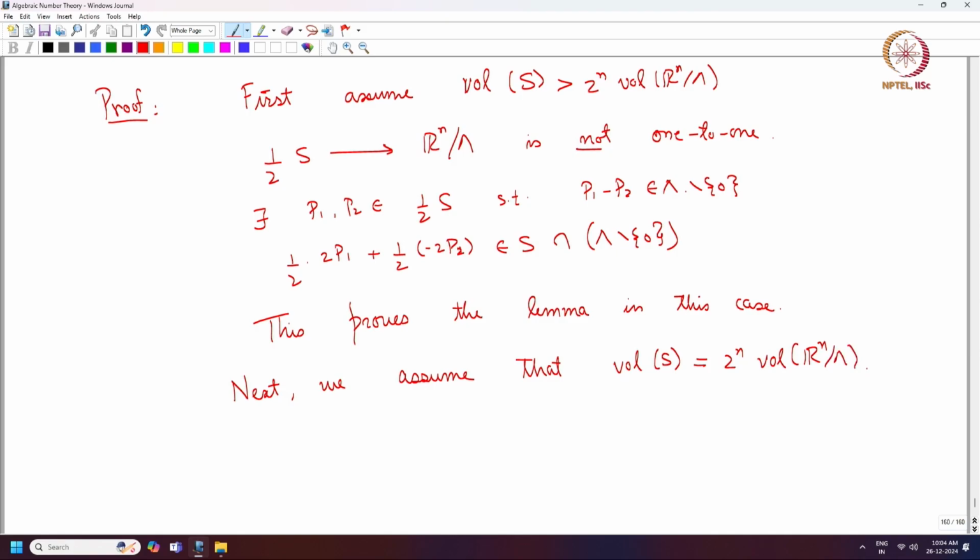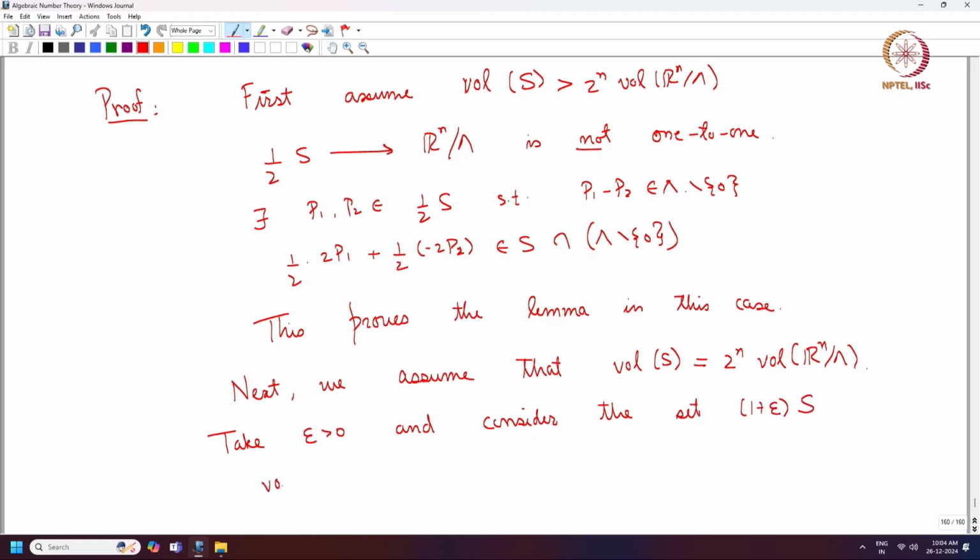What you do is you replace S by another set, this time not shrinking it, but slightly increasing it. So, take epsilon bigger than 0 and consider the set 1 plus epsilon times S. Okay.